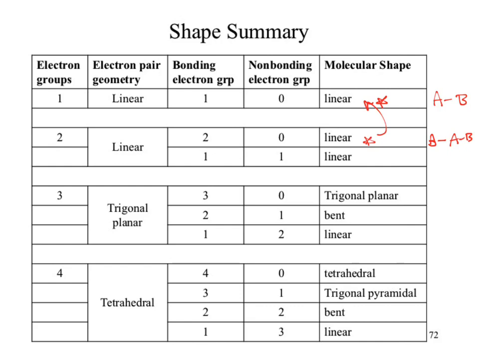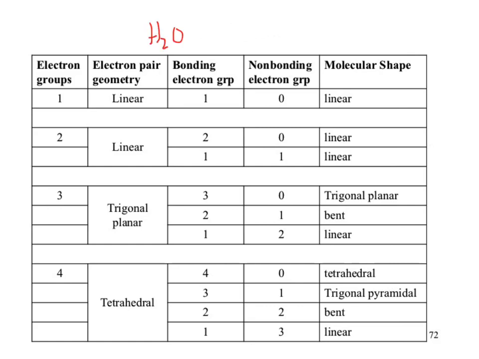So let's pick a good example for this. Say water, with a formula of H2O. We'll whip through this one really fast. Oxygen has 6 valence electrons. Hydrogen has 1. There's 2 hydrogens, so there's 8 total valence.